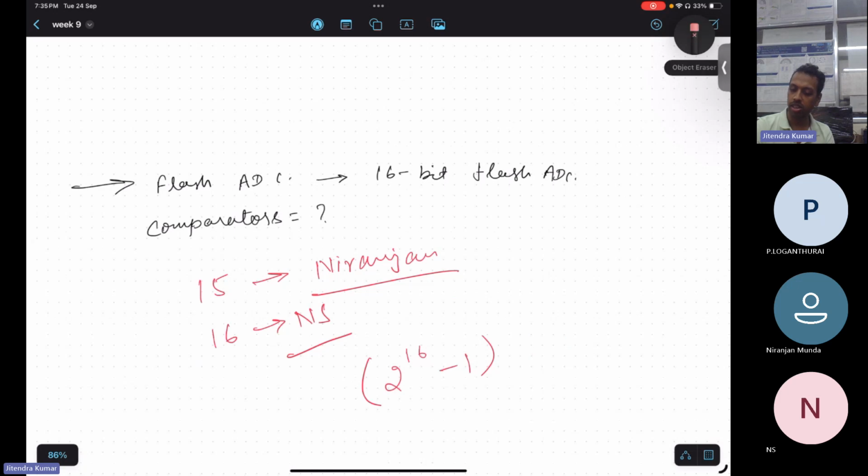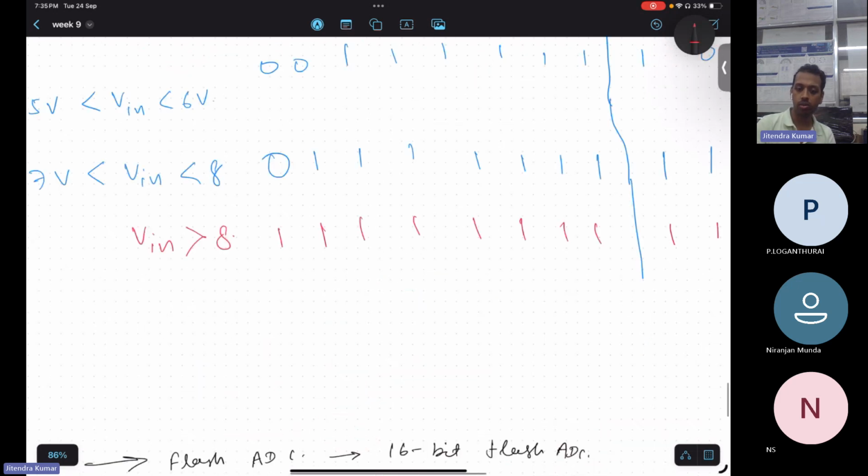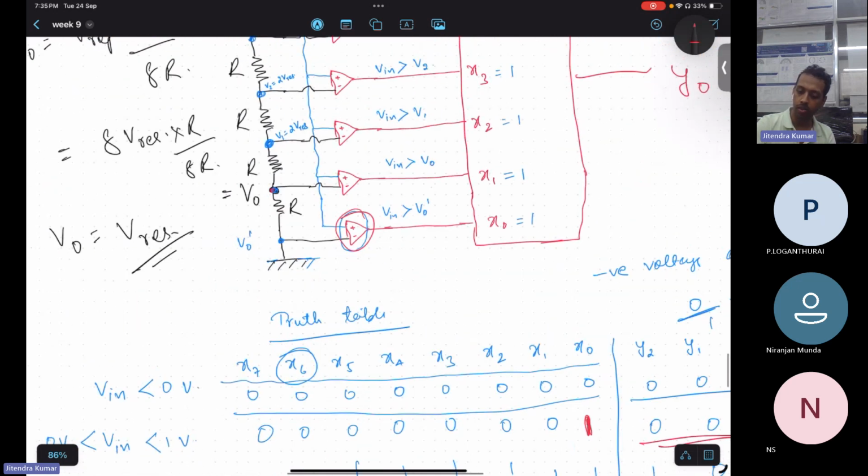That is why it is so expensive. With ground also, this comparator is redundant, because 0 voltage will anyway be there, there is no need to connect a comparator there. So that is why 2 raised to power n minus 1.